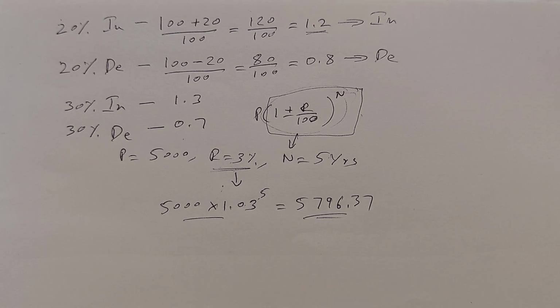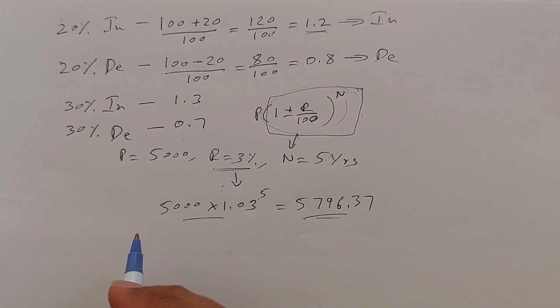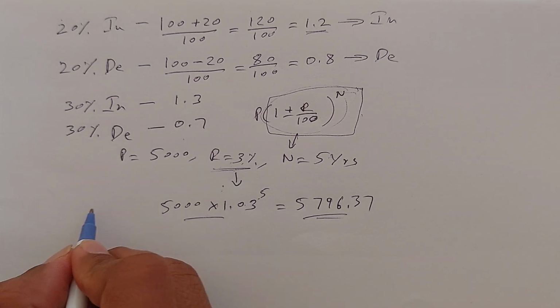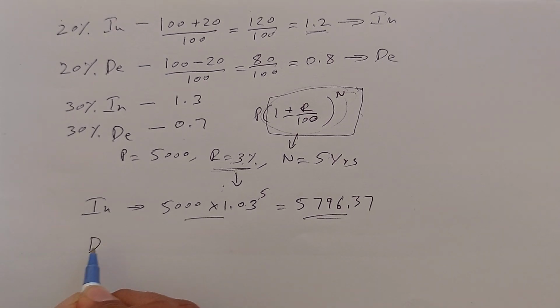If you know the multiplier, you don't even need the compound interest formula. Simple interest is just easy, as I said, and compound interest can become really easy if you know the multiplier. Let's do some more, like depreciated value, decreased value. This was the increase, and now we'll do decrease.